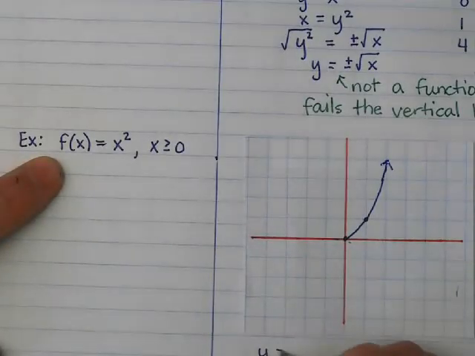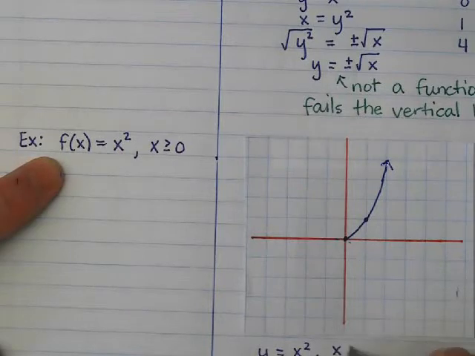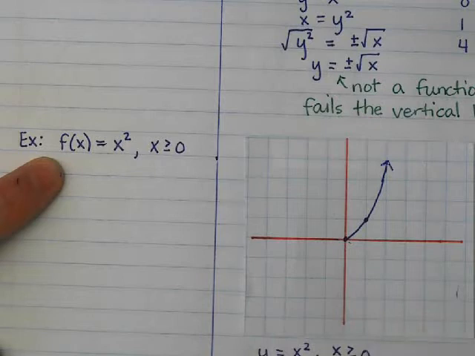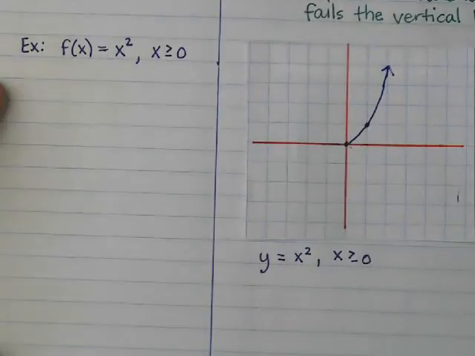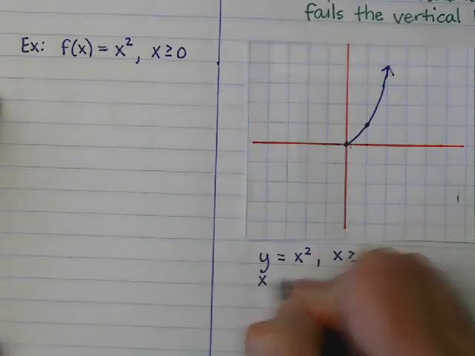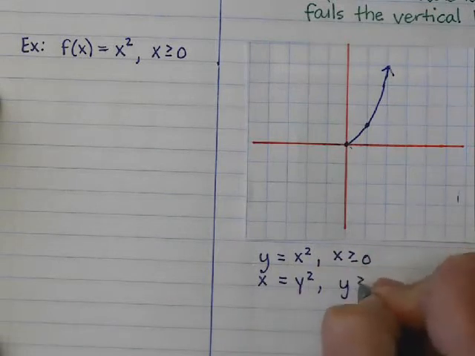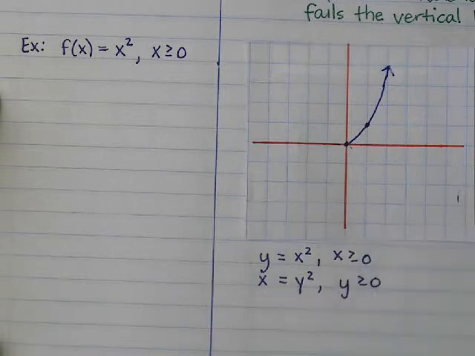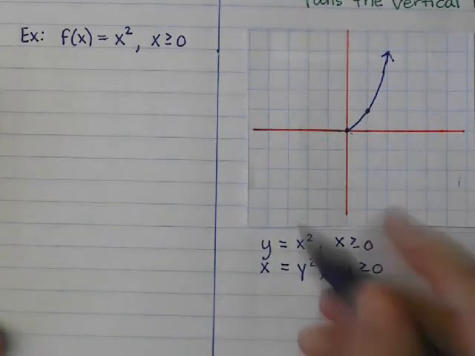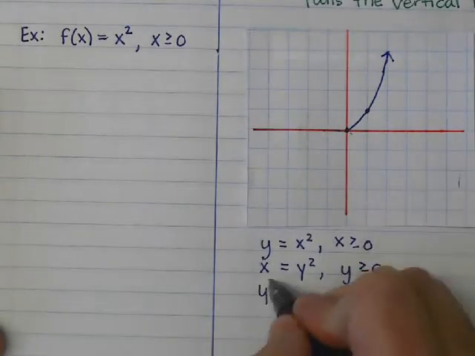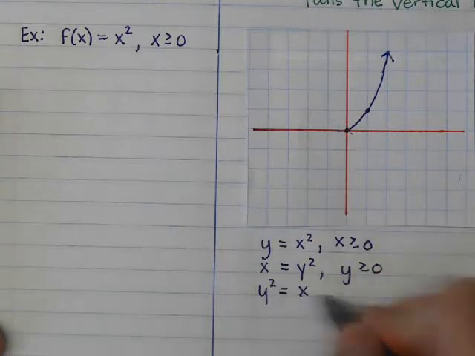Okay, so that function is y equals x squared, and we're saying that x, so we have to keep our domain restriction on there. Okay, now I'm going to switch. X equals y squared, but I'm going to also switch that. Okay, I'm going to put my y squared equals x over this side.